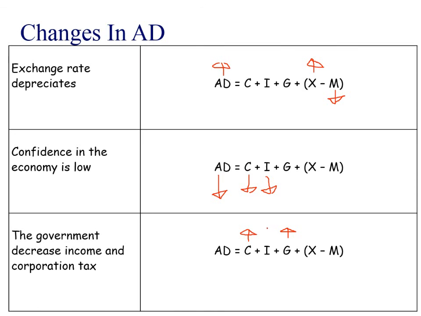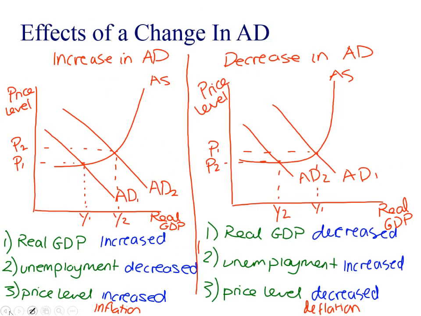You might find that there's a bit more investment in the local area around the school, more shops opening up because they think, oh yeah, this would be a good business to locate around where there's a school. So from the initial increase in government spending, or any of the factors it could be, it actually causes an increase in other things. And that's why you get a diagram that looks like this one here.